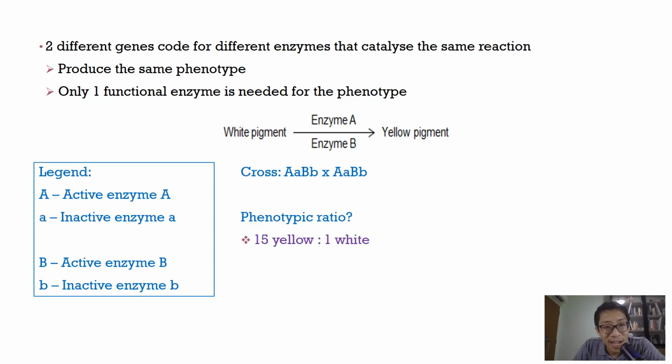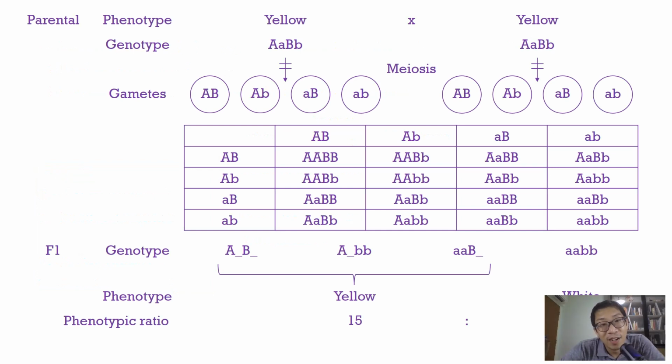In this case, when you cross the double heterozygote, the phenotypic ratio would be 15:1. Looking at the diagram, instead of the 9:3:3:1, we have the 9:3:3 added together to 15, and 1. The 1 is when both enzymes A and B are inactive.